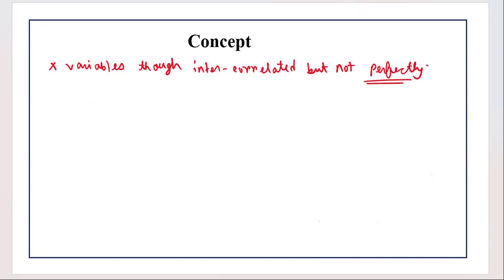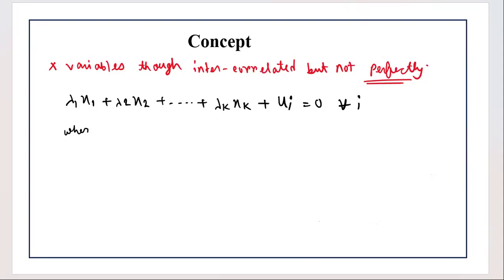So what could be the situation? Consider the relationship again. Now suppose the relationship is like this: lambda k xk and then some error term ui, where ui is a stochastic error term. It's a stochastic error term, which basically means it's a random variable.